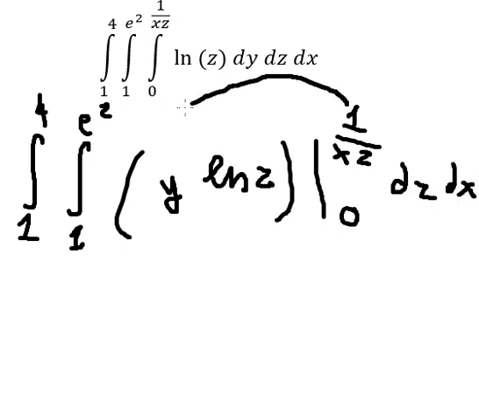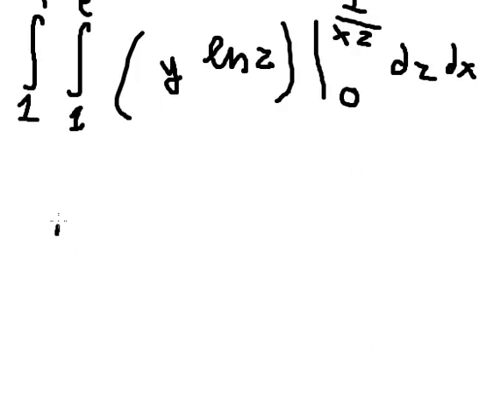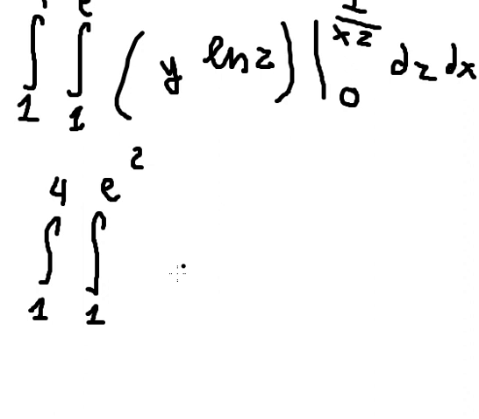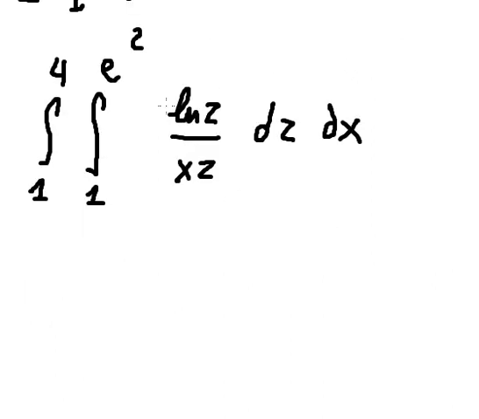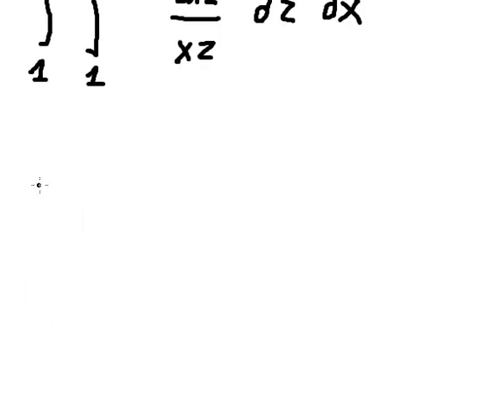So this one I will put in here. Number 0 I will put in here. So this one we just have like this. Now we can put like this.